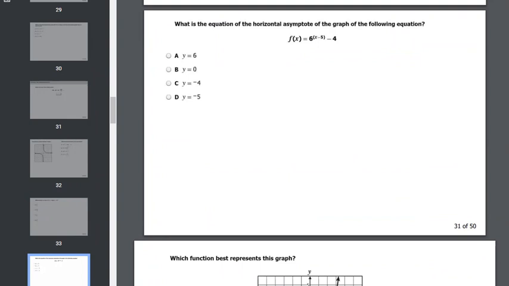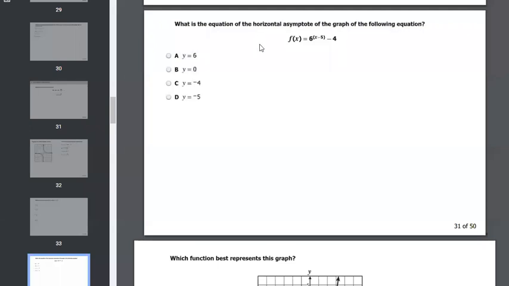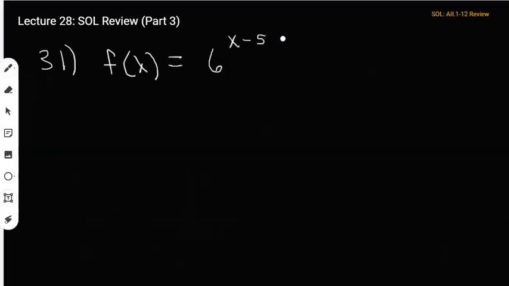I've got f of x is equal to 6 to the x minus 5 power, minus 4 at the end.